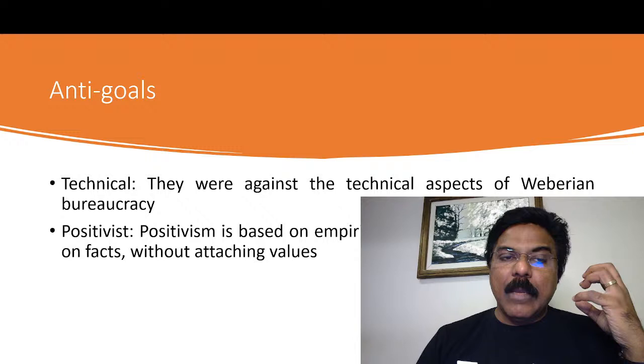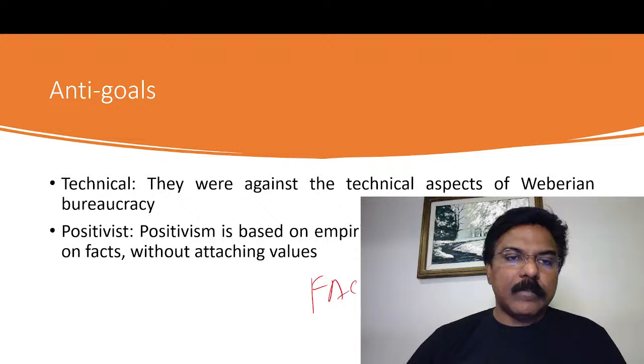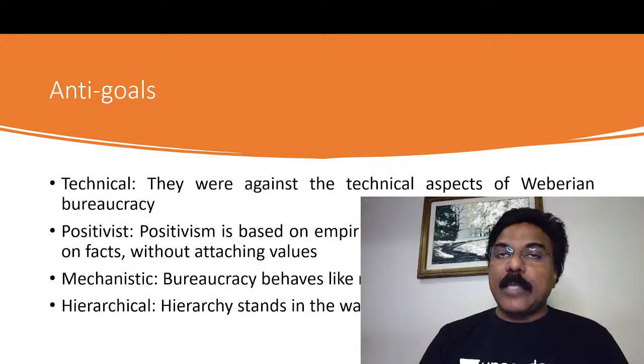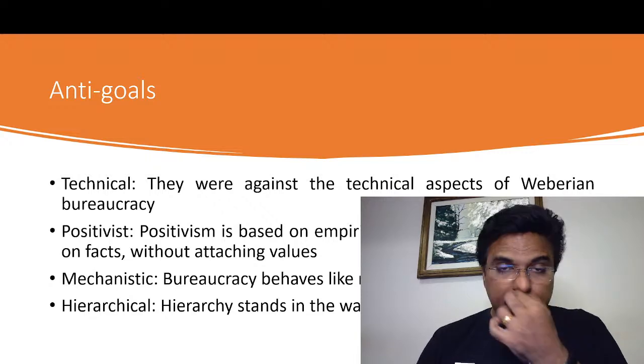That's being positivist, right? So we don't want positivism. And anti-hierarchical. Bureaucracy behaves like machines. Hierarchy stands in the way of finding solutions. Somebody will put a spanner in the whole spoke and will stop a progressive activity.